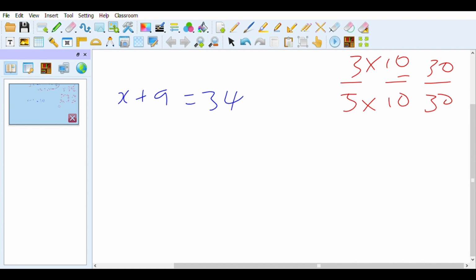Like we mentioned, we can add the same number to both sides, we can subtract, we can multiply, and we can divide. But how do we know which of them to do? The aim of solving an equation, take note of this, is to put only the letter on one side of the equation and every other thing on the other side.